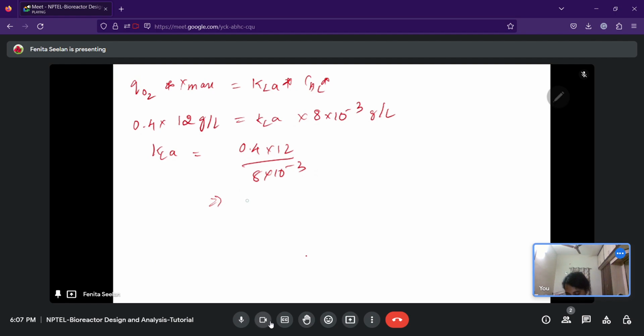Make sure the units are correct. Check the question: if any specific unit is mentioned, you have to give the answer in the same unit which is asked in the question. So the answer would be around 0.6 per hour. What was the question?